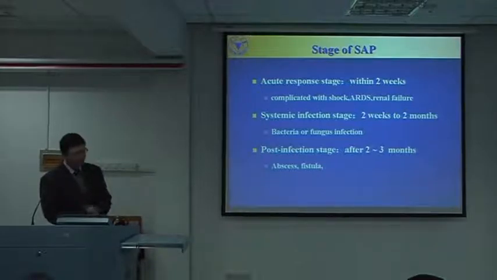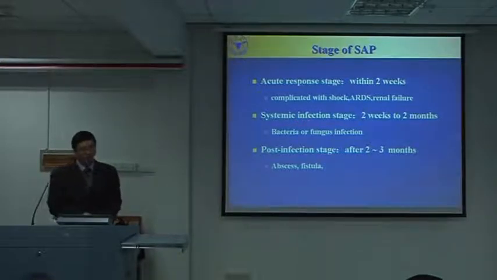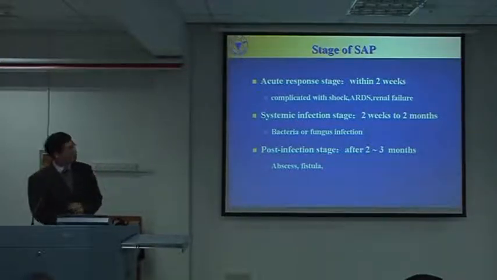The second stage is after 2 weeks and within 2 months, when the patient will suffer from infection. So we call it systemic infection. About the treatment, we should focus on the acute response stage and not let the patient become infected with bacteria, not move on to the infection stage.